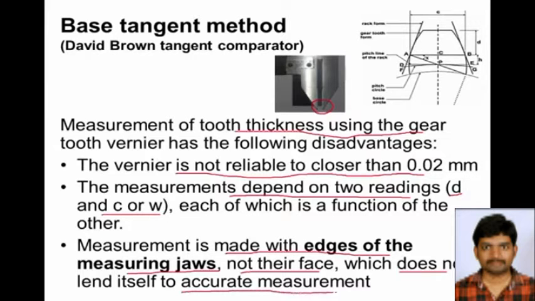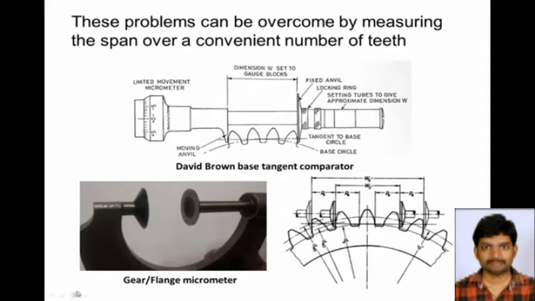These problems can be overcome by measuring the span over a convenient number of teeth. So here we can select some teeth like 4 teeth or 5 teeth or 3 teeth, like that. We can select this span over the number of teeth and we can measure the width.